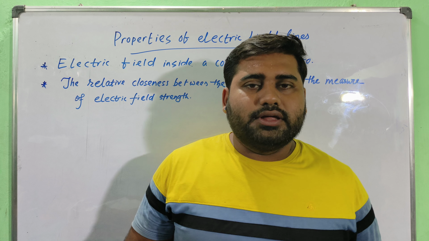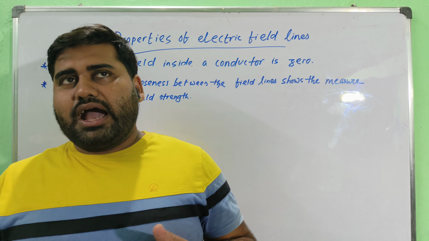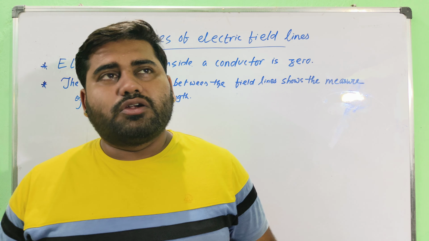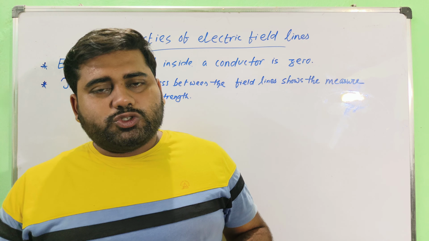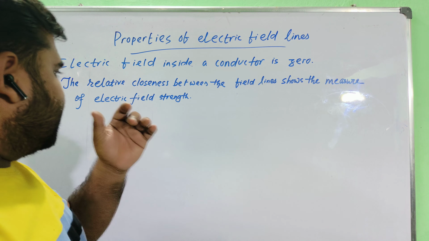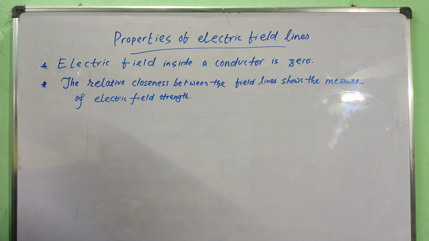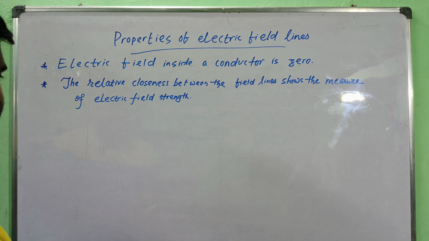But when after this some of you part ways and finally meet after a year or two, things are not always the same as they used to be. Similarly, it is a natural thing. So the relative closeness between the field lines shows the measure of electric field strength.